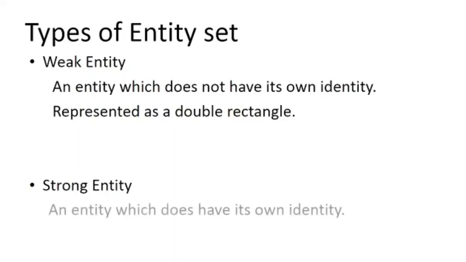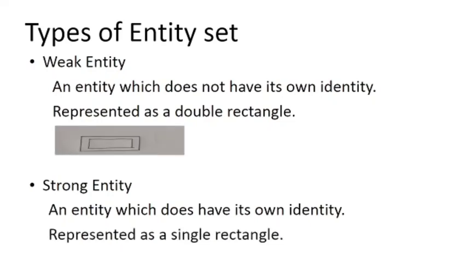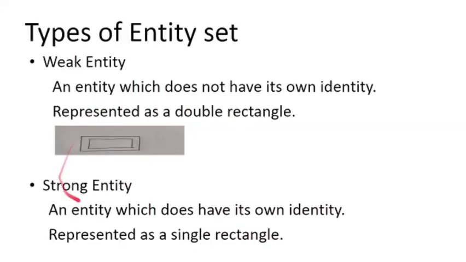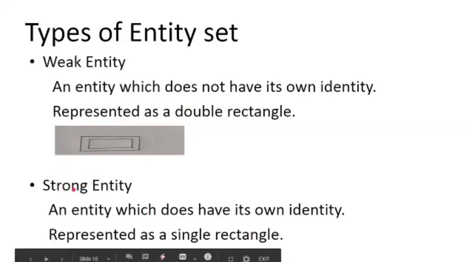Then what is a strong entity? An entity which does have its own identity, which means it has some primary key with it. It is represented in a normal rectangle. So a double rectangle means it is a weak entity, and a single rectangle means it's a strong entity. So these are the types of entity set.